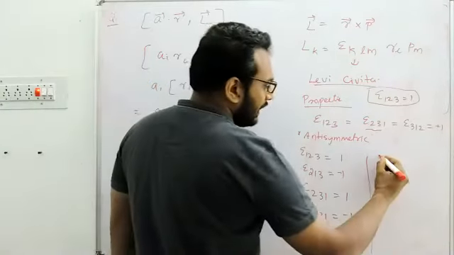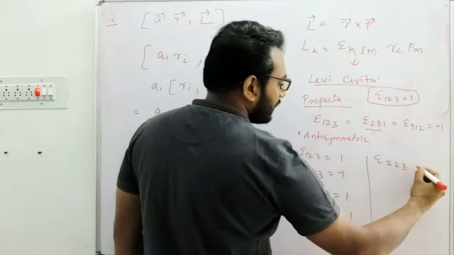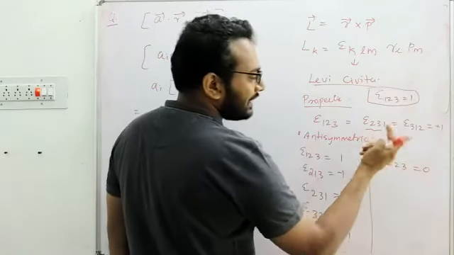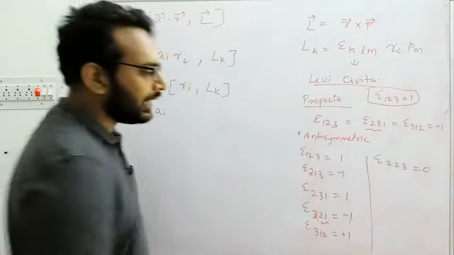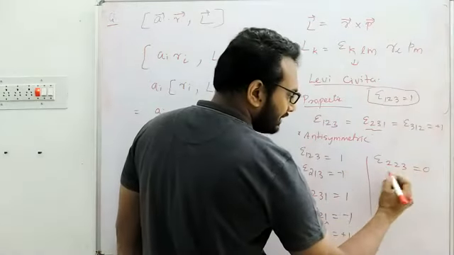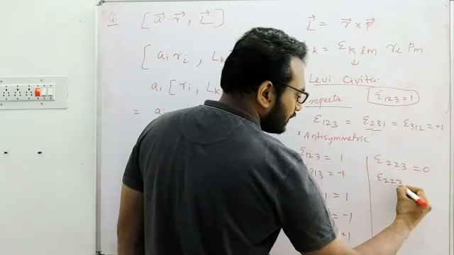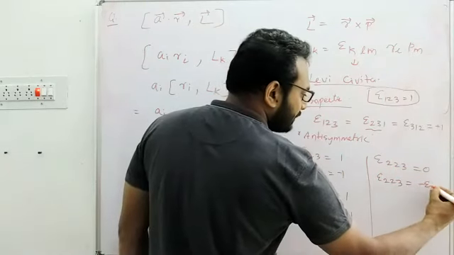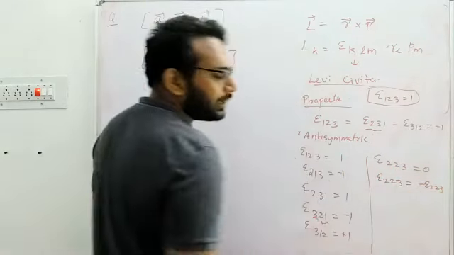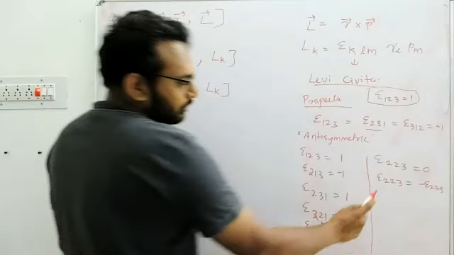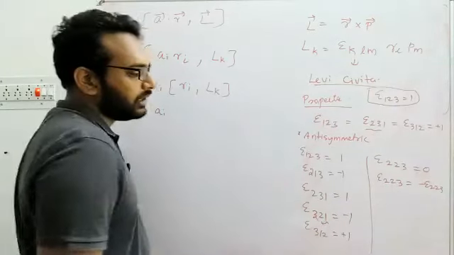Also, you will see that epsilon 2, 2, 3, for example, is equal to 0. If any two indices are the same, it's equal to 0. Why? Because interchanging should give a minus sign, right? So epsilon 2, 2, 3 is equal to minus epsilon 2, 2, 3. I have interchanged this 2 and 2. Something equal to minus of itself has to be equal to 0.